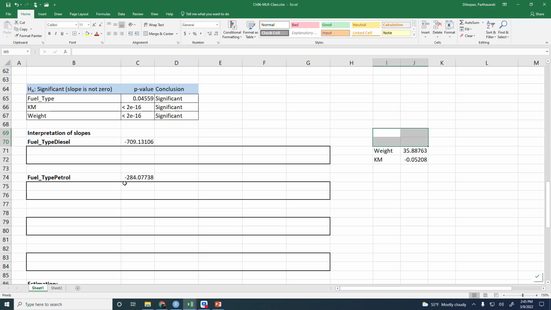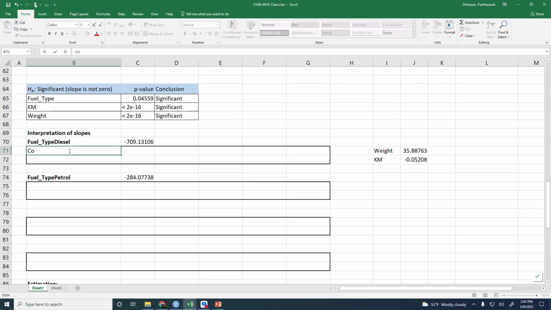That's what the slope says, which is minus 709. So that means compared to CNG, a diesel car will cost you $709 less. So that's what it says. Why are we comparing it with CNG? Because CNG is the one that we left out without defining a dummy variable.